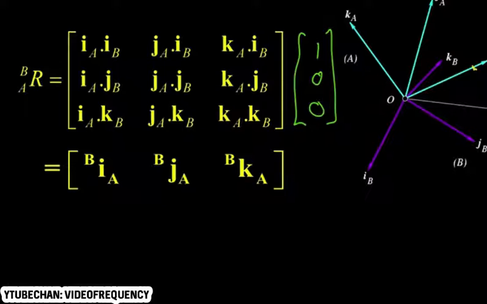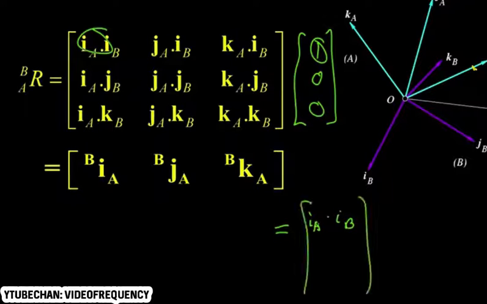What should the value of that be? I'll just write that down here. Well, this multiplies this to that, so it would just give me IA dotted with IB. So the first component of the transformed frame is just the I vector's amount in the I direction of B.